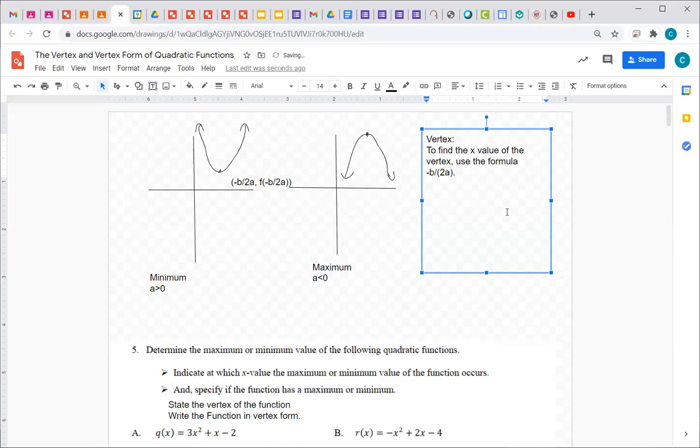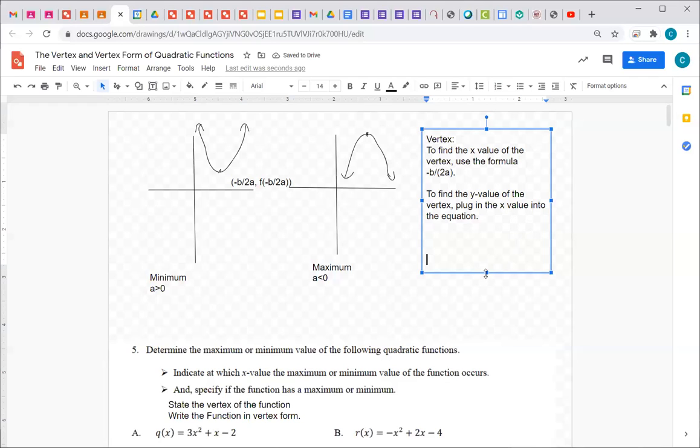Again, a and b are from the standard form. To find the y value of the vertex, plug in the x value into the equation. Okay. Then, once we do that, we have the vertex form.